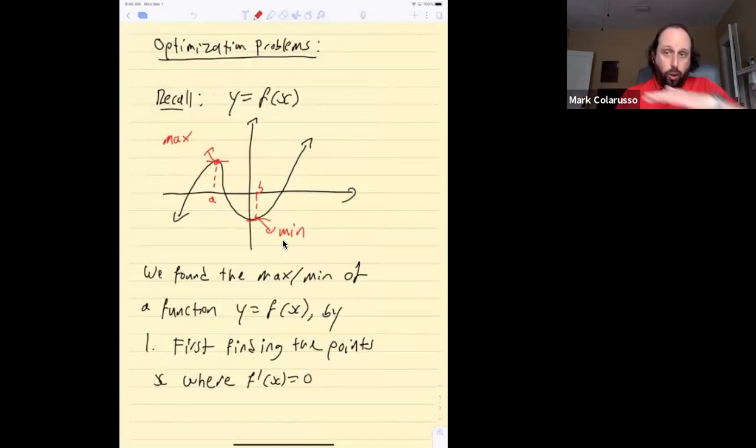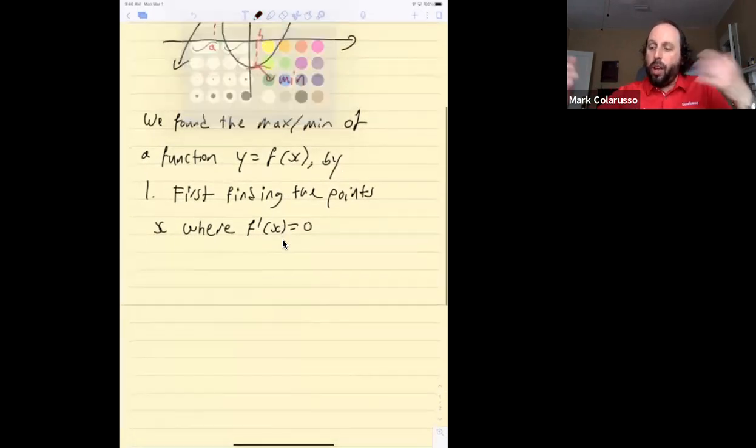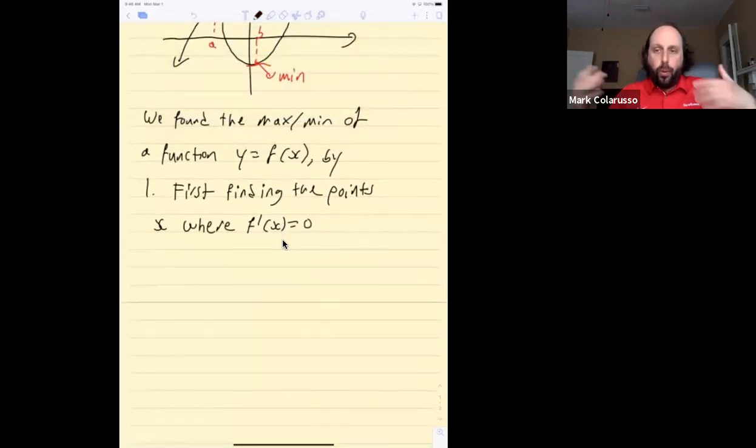The tangent has 0 slope, it's a flat line. But not every point where there was 0 slope was a min or a max. We saw that with the cubic curve: you could have a point where the curve rises, becomes flat, and keeps rising.